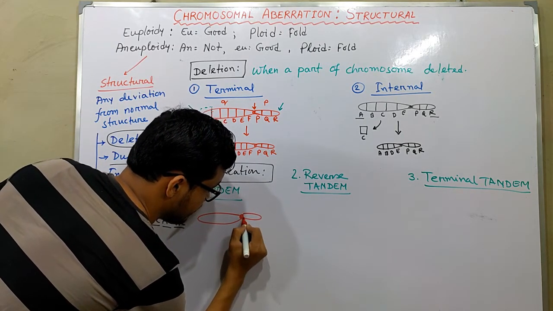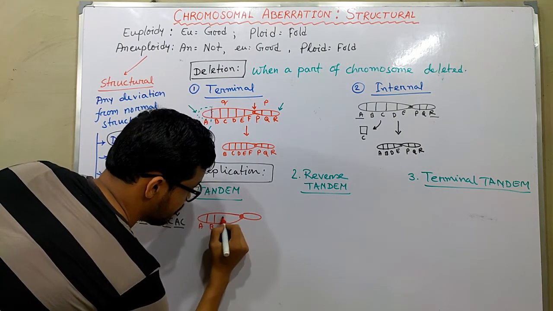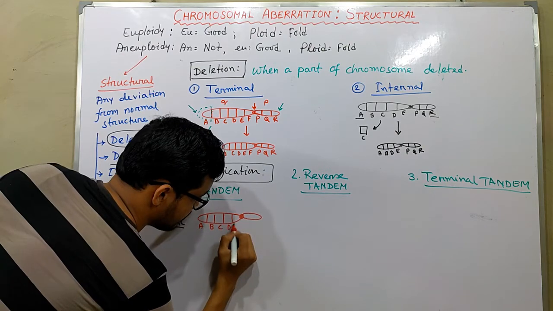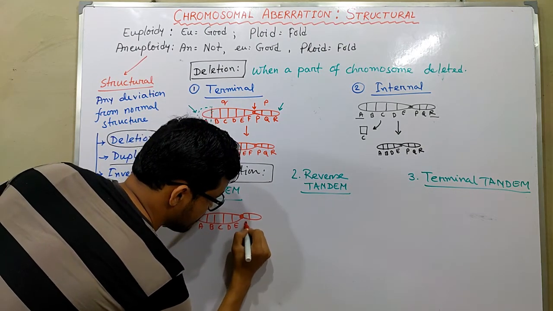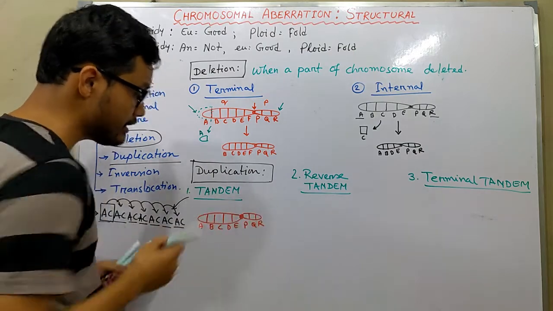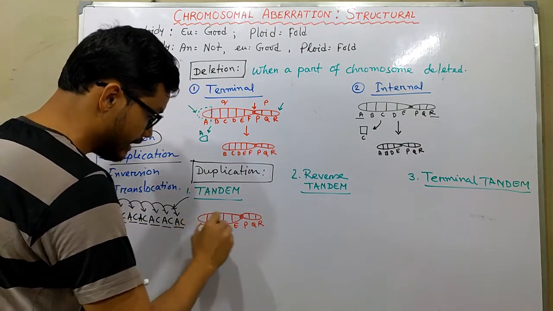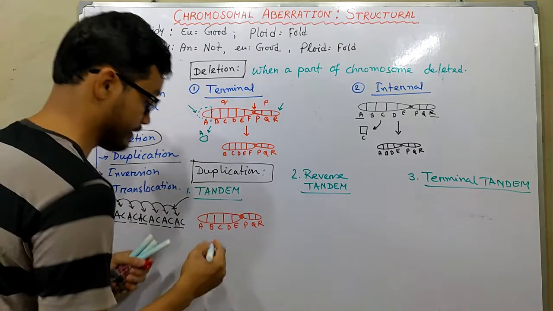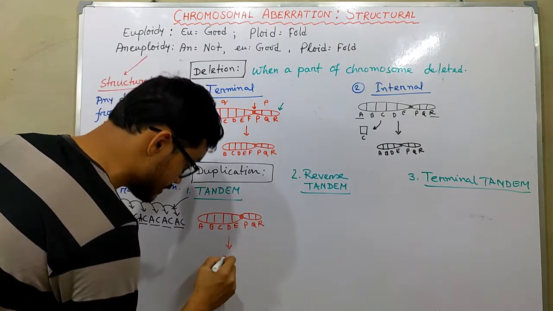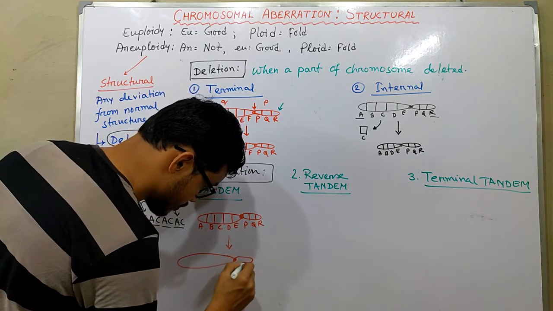Just draw a diagram of a chromosome. So here A, B, C, D, E and P, Q, R. Let's suppose the B and C part has been duplicated and attached just next to the original part.